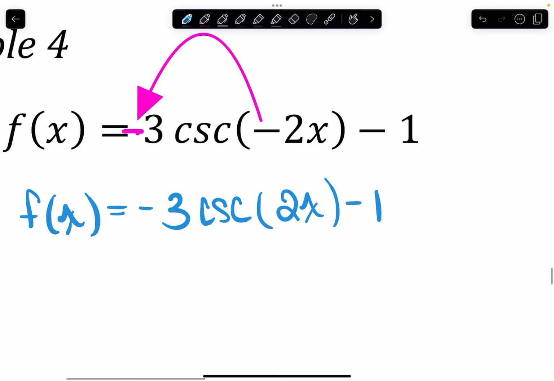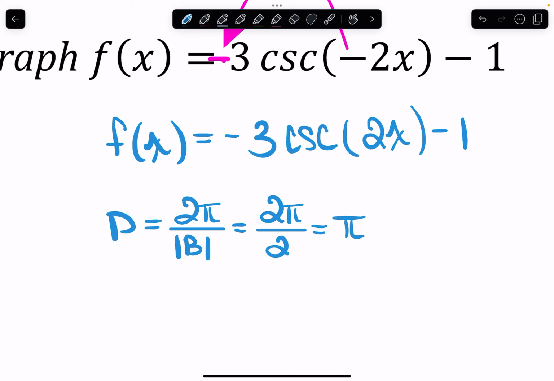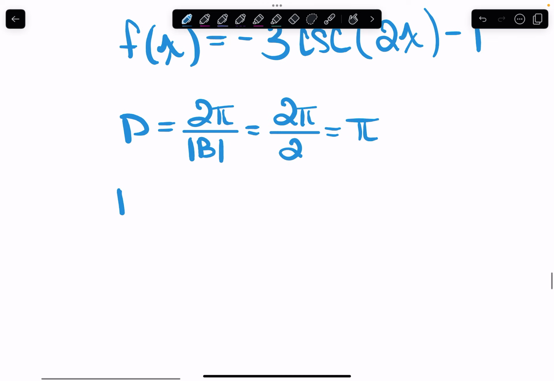All right, period. 2 pi over b. So 2 pi over 2, pi. Axis, if you like, along -1, but kind of pointless.